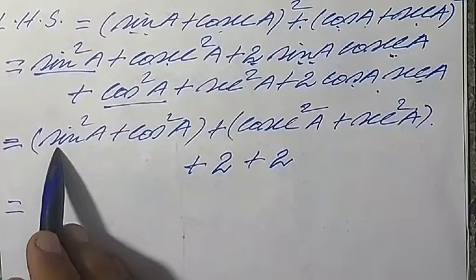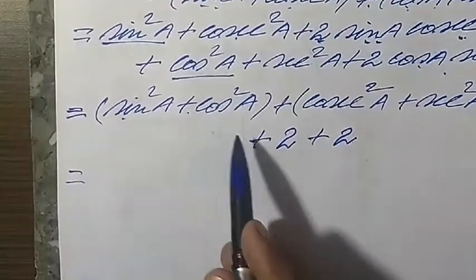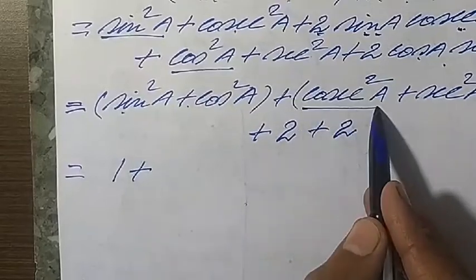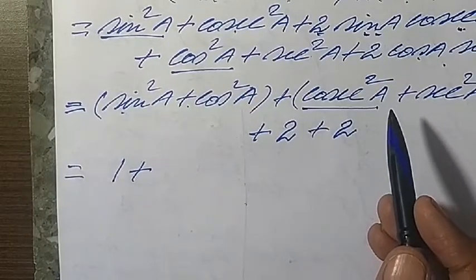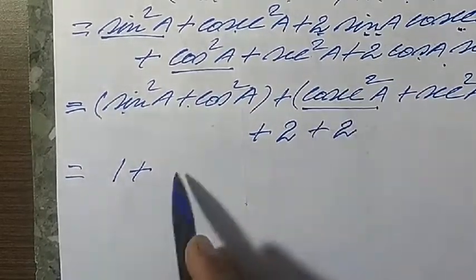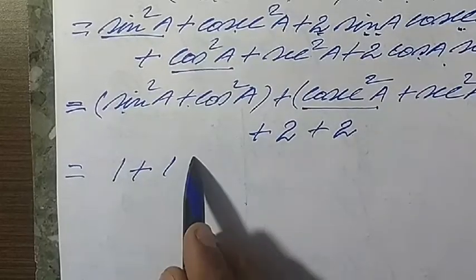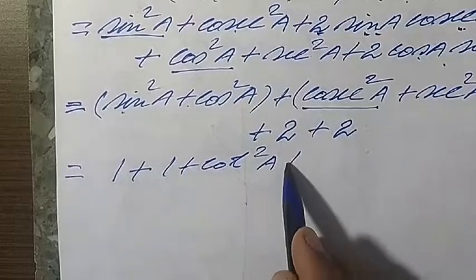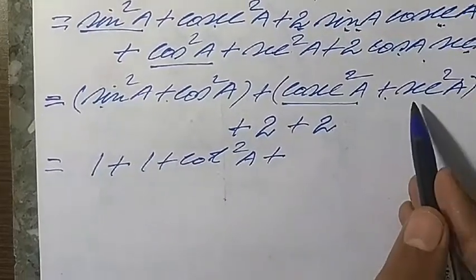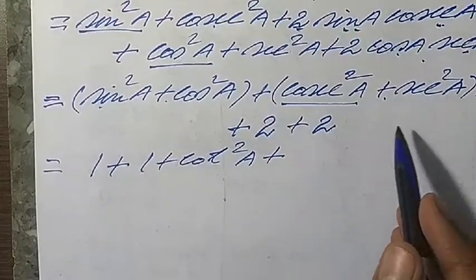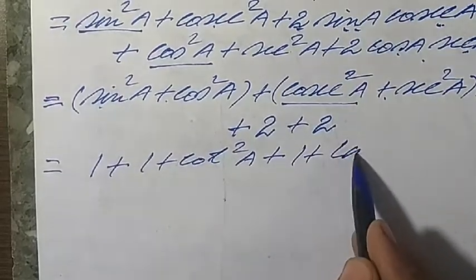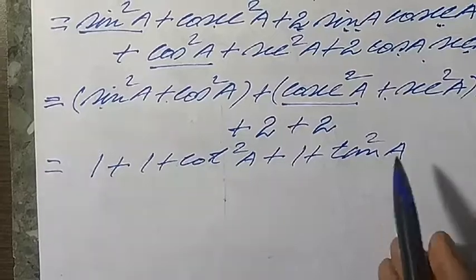Here, as we know, sine square A plus cos square A is 1, so we may write 1 plus cosec square theta is 1 plus cot square theta, so we may write cosec square A as 1 plus cot square A, plus sec square theta is equal to 1 plus tan square theta, so sec square A may be written as 1 plus tan square A.